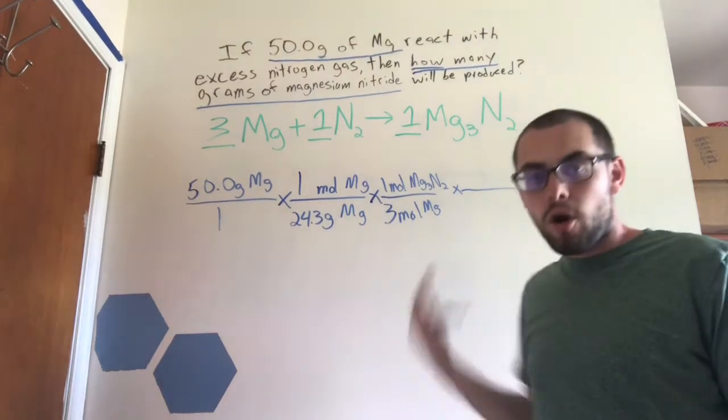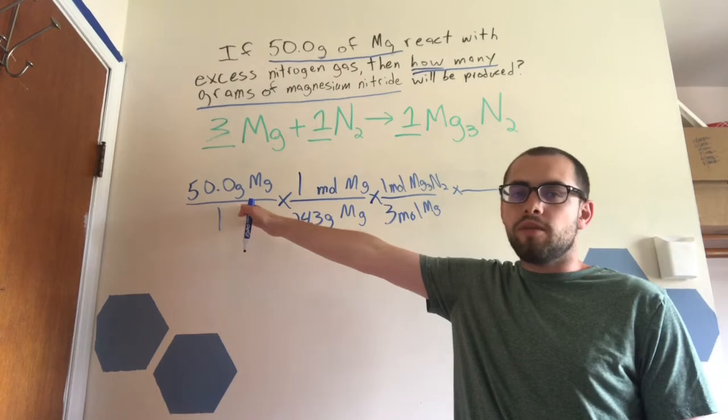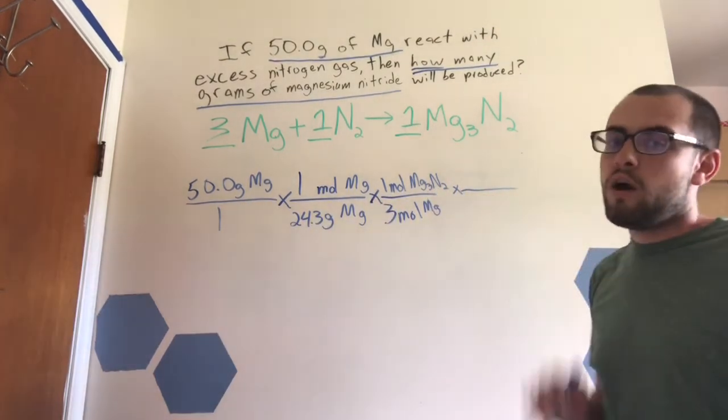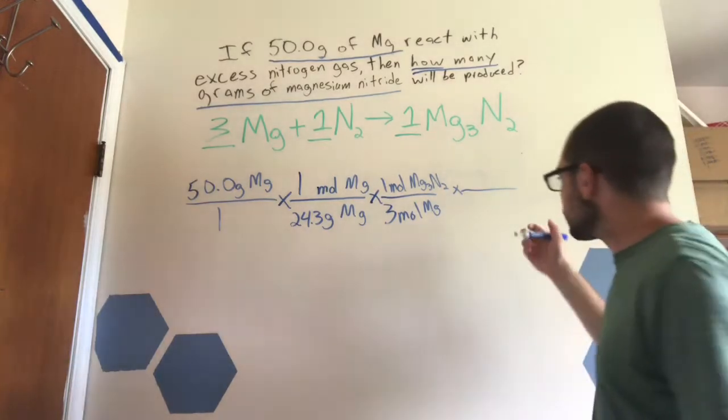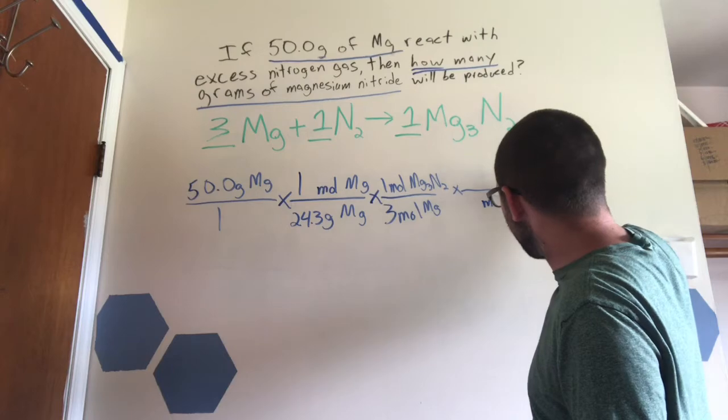Now I'm over here in my product side. I started with something from the reactant. I went over the mole bridge. Now I'm dealing with the product. I'll carry this unit down, moles of magnesium nitride.